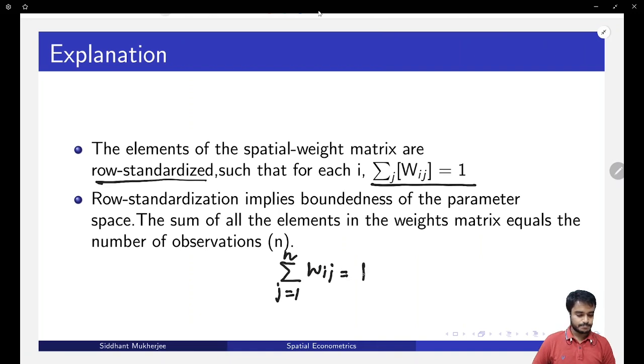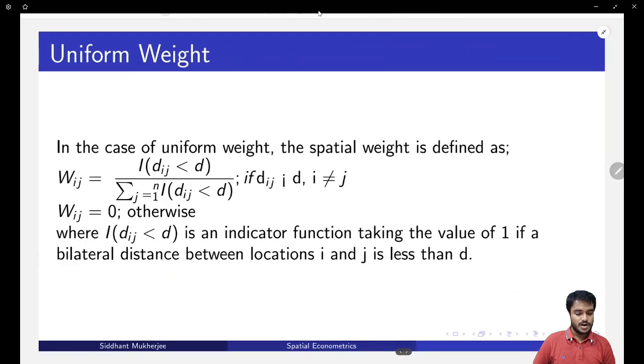Suppose we define a weight matrix in a spatial form. It is a uniform weight. For the uniform weight, the spatial weight matrix is defined in this way.